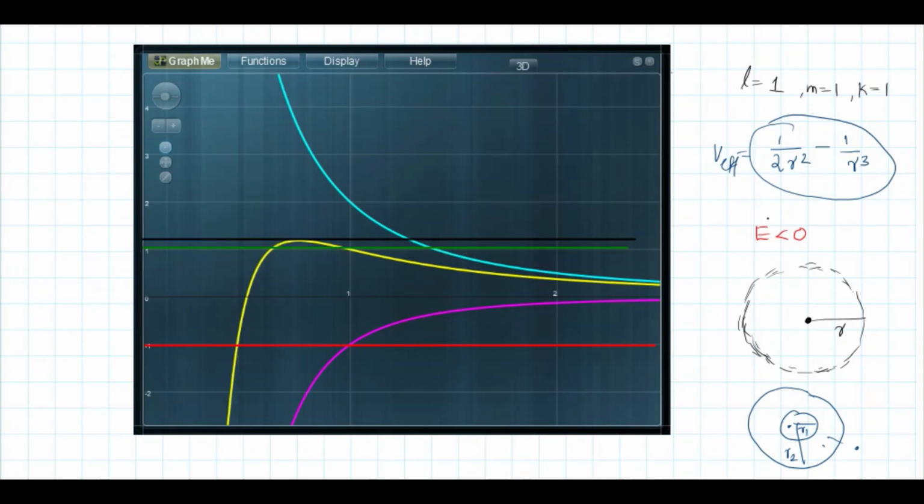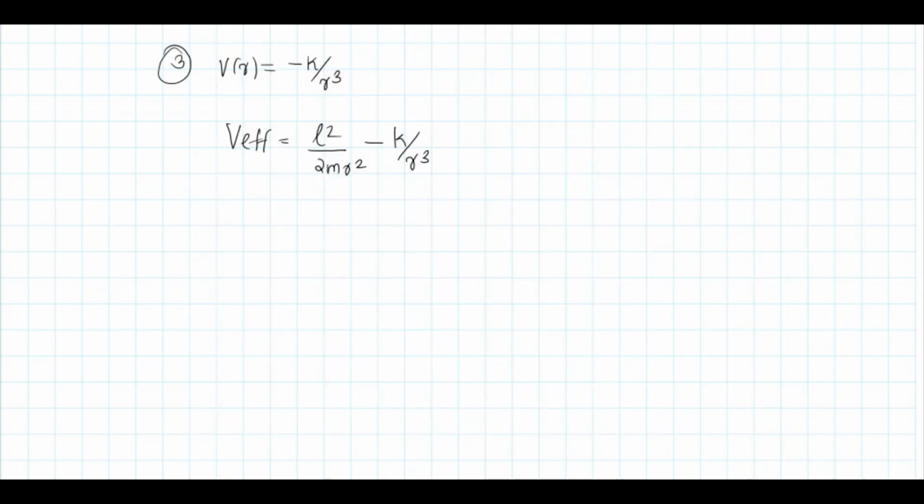Particle can either stay here beyond r2 or it can be below r1. These are the allowed regions, because here you have total energy above V effective, and in this region also total energy is above V effective. This region between r1 and r2 is forbidden. So the nature of orbits is entirely different compared to the Kepler potential.